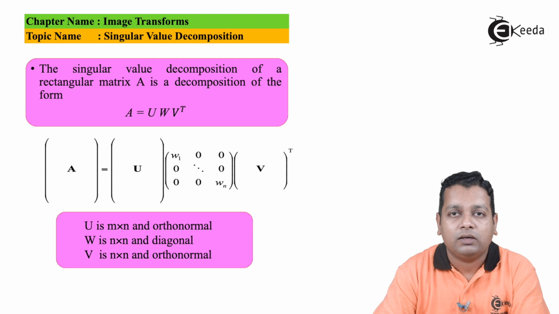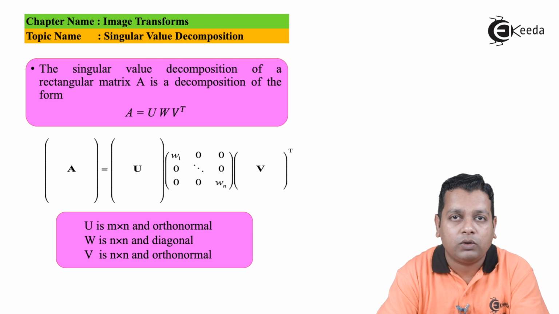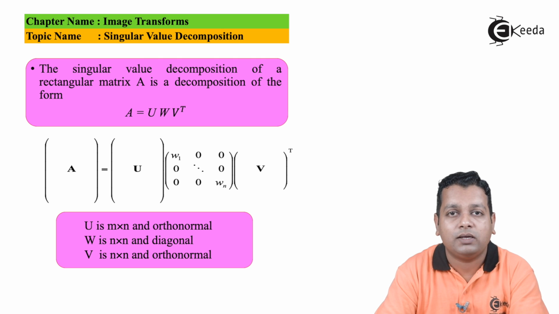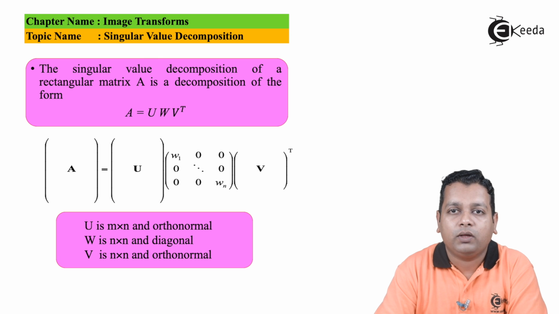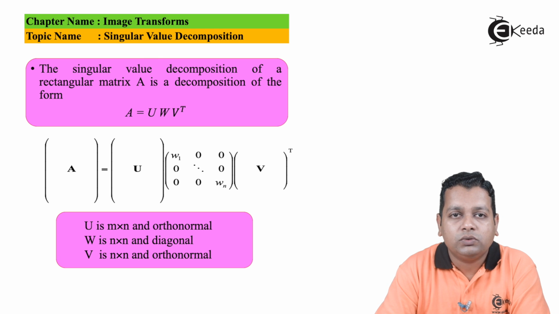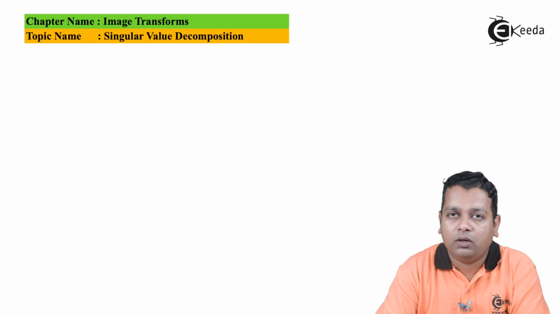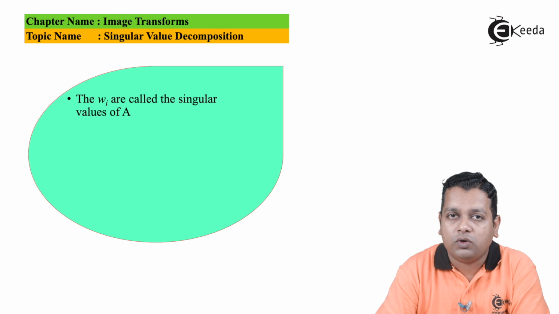So in the family of image transforms, what we call the basis functions, U and V along with W act as the basis vectors, basis matrices for the input sample. This matrix W has coefficients, and the diagonal coefficients are represented as W suffix i.